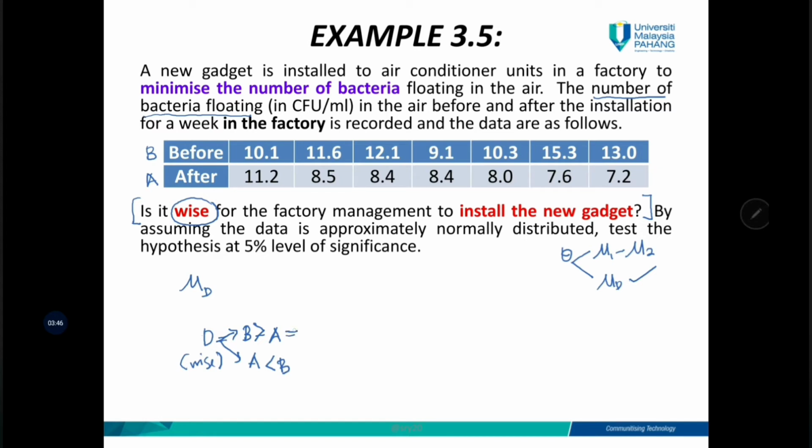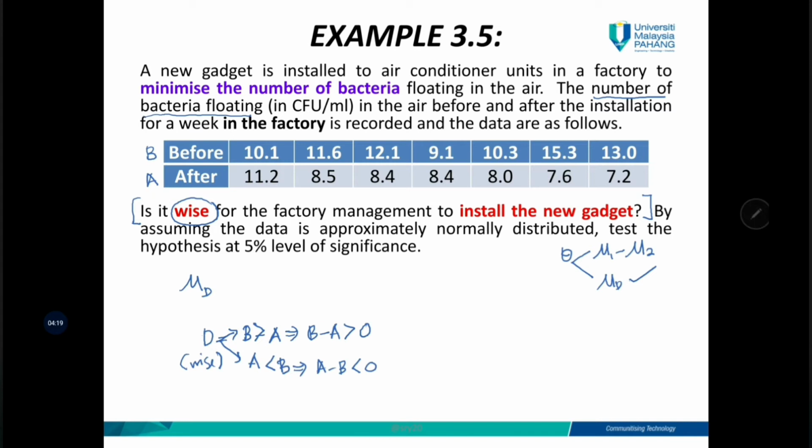From here we get B minus A greater than 0, and for the other version we get A minus B less than 0. So there are two versions of d that you can choose, and both versions are accepted. When we construct the statement for mu d, you can choose either one.